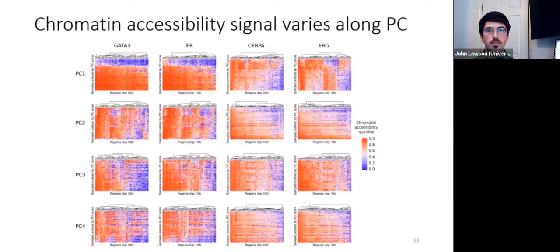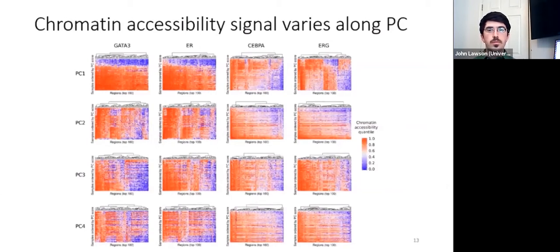And so you can see for estrogen receptor, ER, that along principal component 1, as you go down the heat map, there is huge variation in chromatin accessibility. At the top, you can see the ER negative samples, which have low chromatin accessibility in the estrogen receptor binding regions. And at the bottom, you can see the ER positive samples that have high chromatin accessibility.